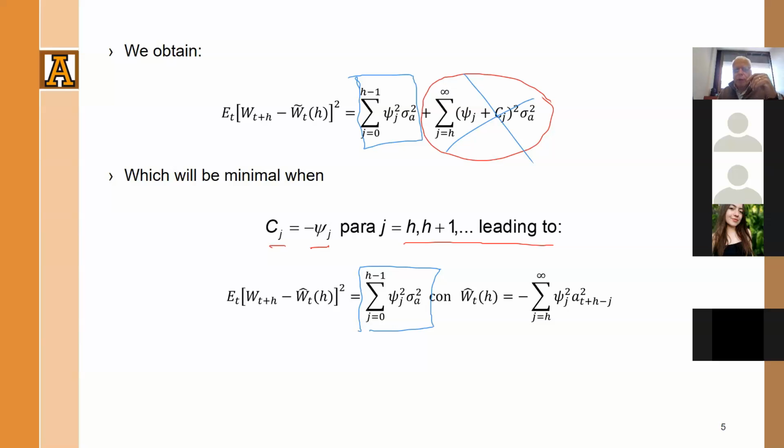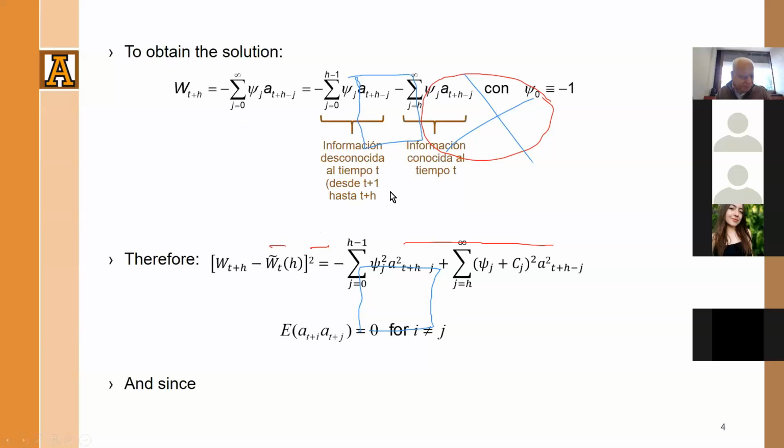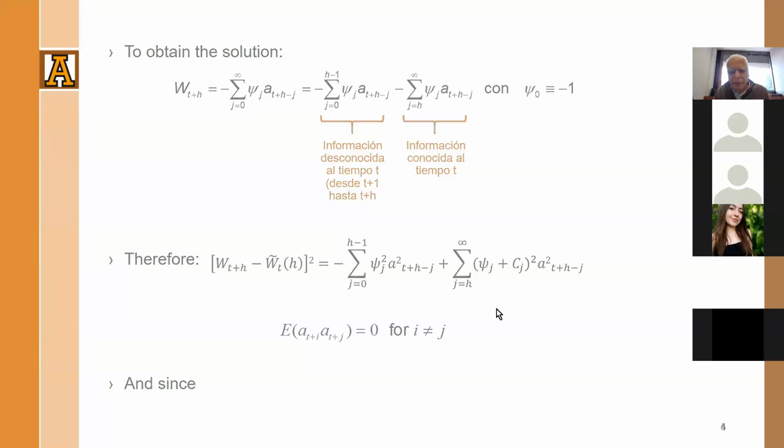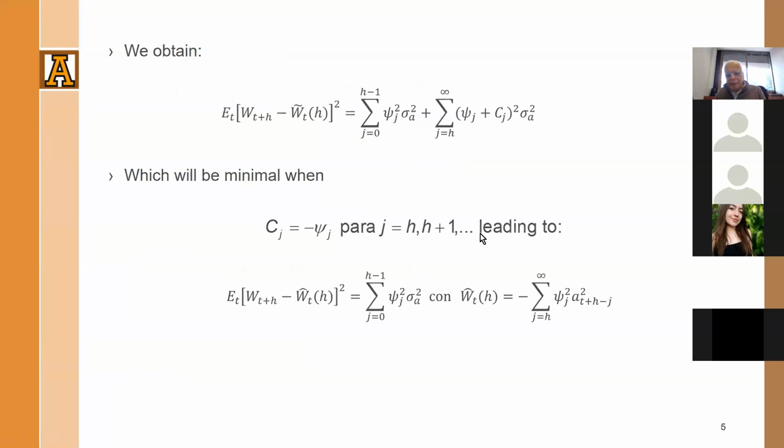So remember, this expression comes from here, from splitting the sum in the two terms and then taking the conditional expectation. Okay.